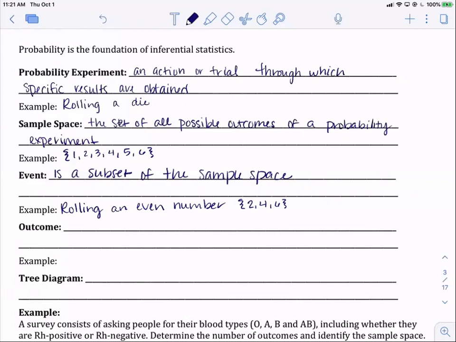Okay. The outcome is the result of a single trial. So in our example, we roll a die, and let's say we roll a 2.